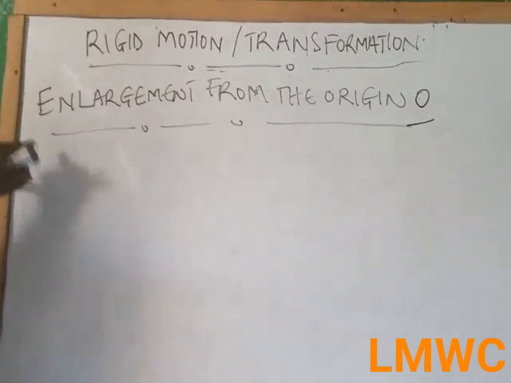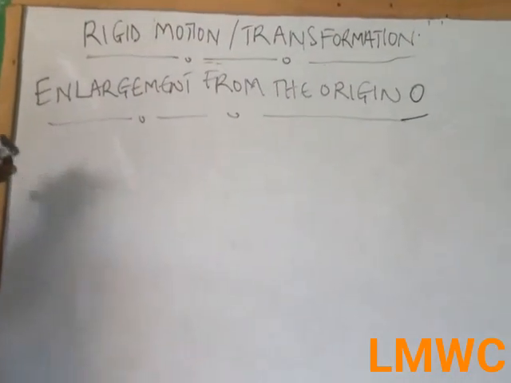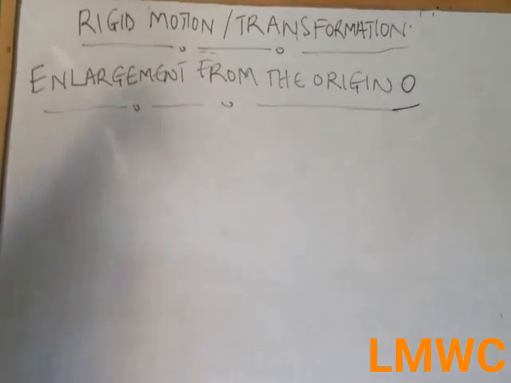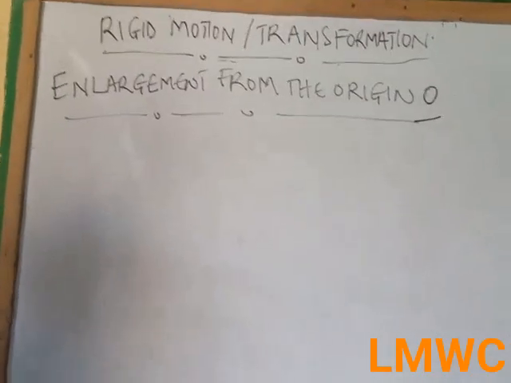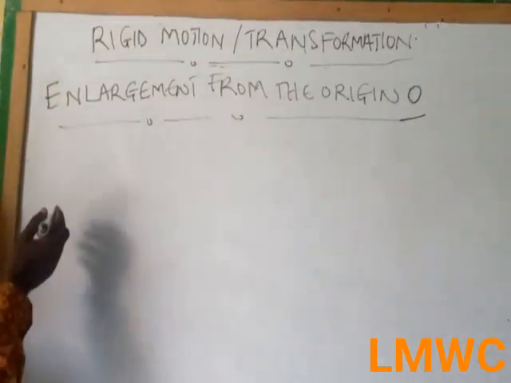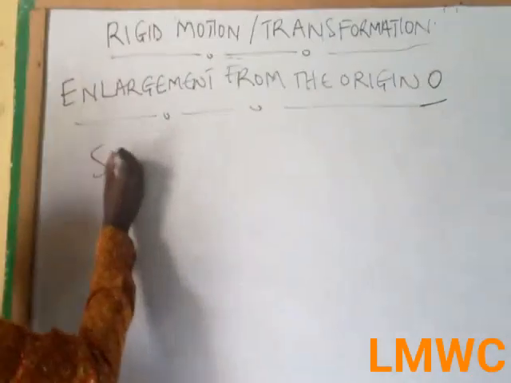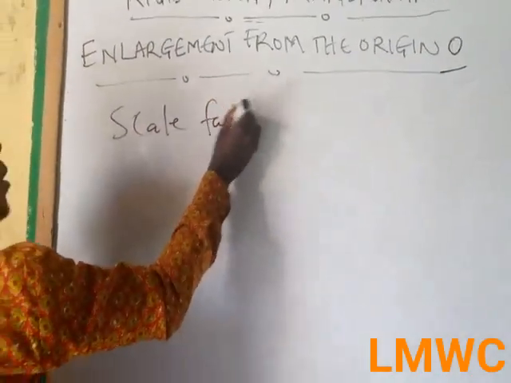We also have a heading called enlargement from the origin O under transformation. And under enlargement, they will give you a scale factor.